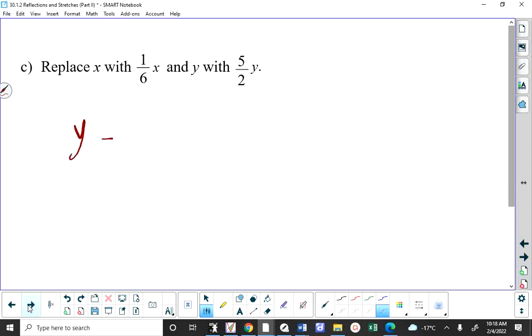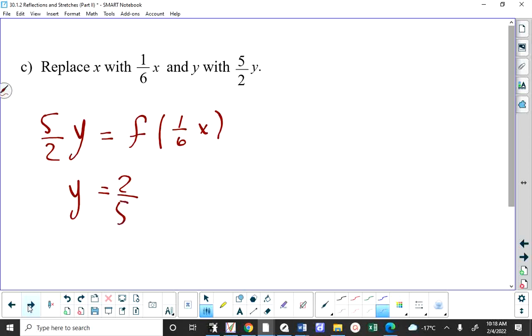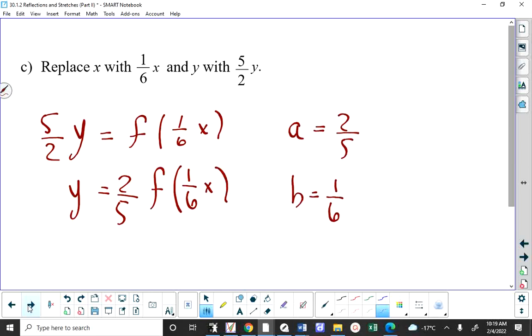This becomes 5/2 Y equals f of 1/6 X, which we rearrange for Y and get 2/5 f of 1/6 X. So A is 2/5, B is 1/6, which means the vertical stretch factor is 2/5, and the horizontal stretch factor is 6. Because the horizontal stretch factor is the reciprocal of B. The vertical stretch factor is just A.